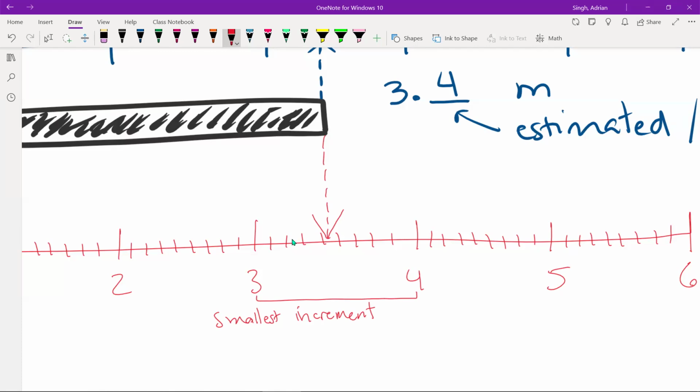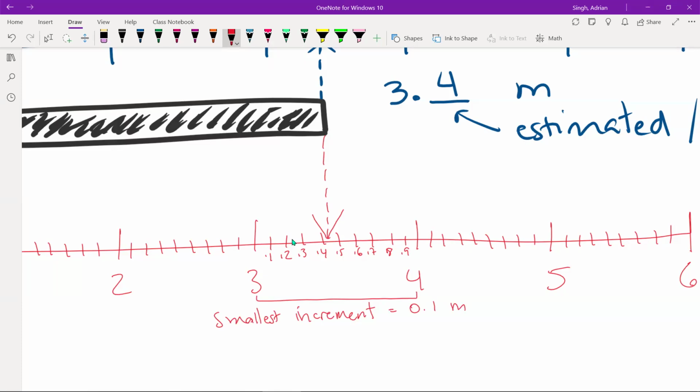And we actually have 10 equal spaces between these tick marks. So each of these lines here would represent 0.1. So this would be 3.1, this would be 3.2, 3.3, 3.4, 3.5, 3.6, 3.7, 3.8, and then 3.9, and then we get to our 4, right? So here, the smallest increment is actually 0.1 meters, or 1/10 of a meter.